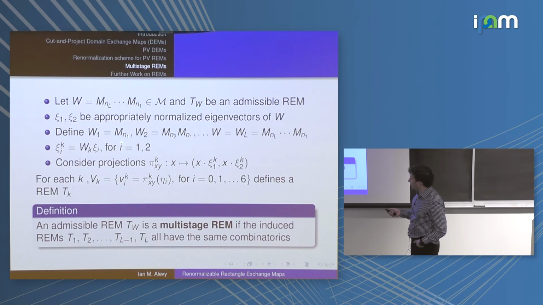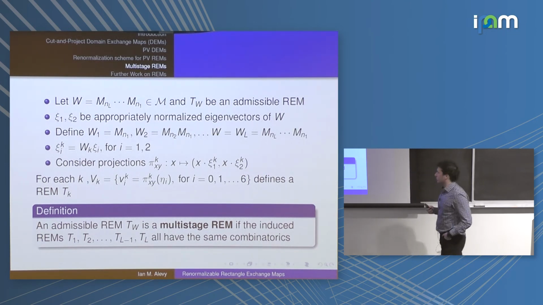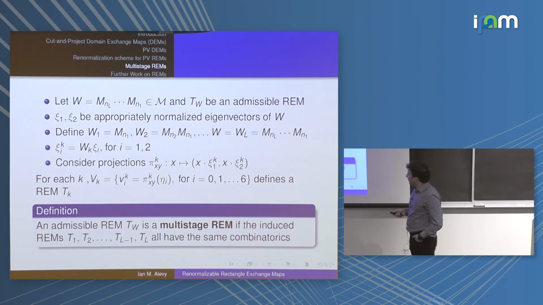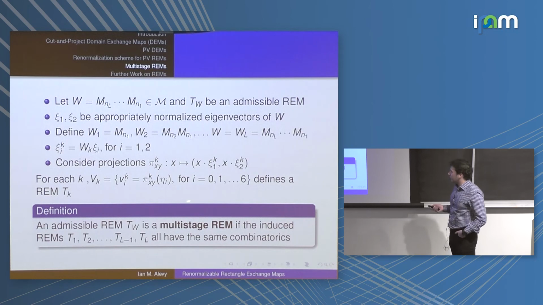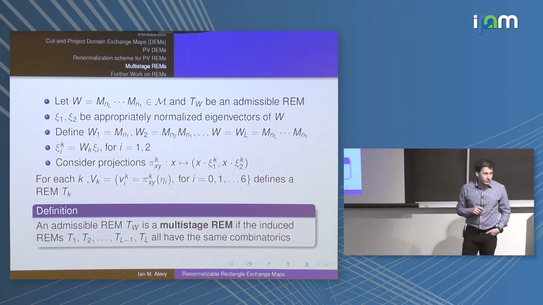W1 is m sub n1, W2 is mn2 times mn1, and so on up to W, which is just WL. It's a product of all of them. And then I apply WK to Xi, and I get some new vector Xik. And I'm going to use those to get my projections pi k xy, which just sends x to x dot c1k, comma x dot c2k.